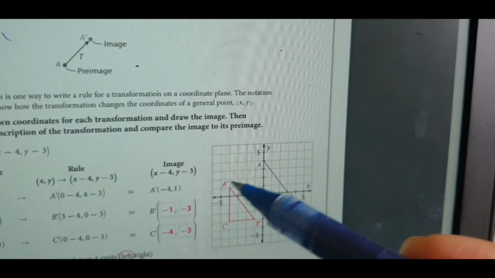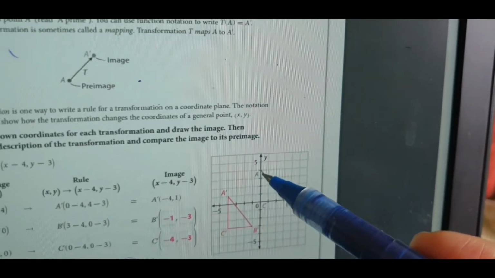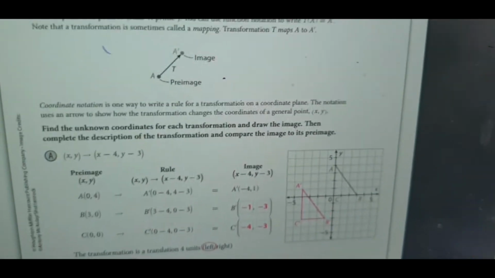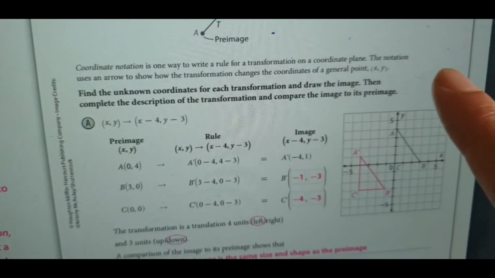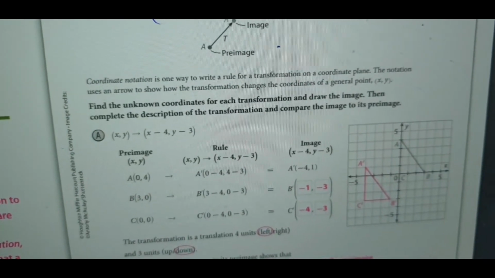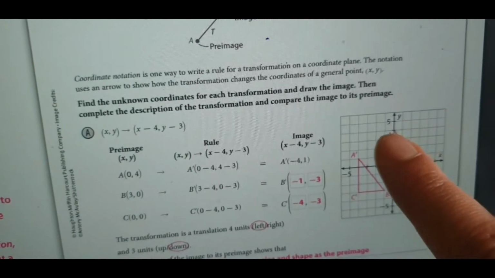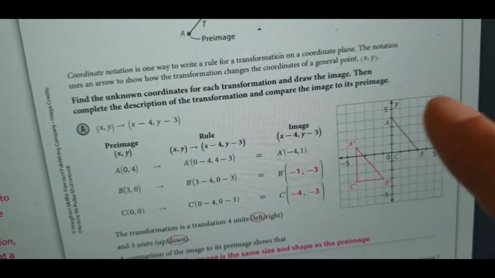You are going to see any point, either A or B and C, and start tracing it from the pre-image till the image to understand what happened. Let's take A and talk about it. Point A was here, and then it moved left. Let's count how many points left. 1, 2, 3, 4. So 4 units left.